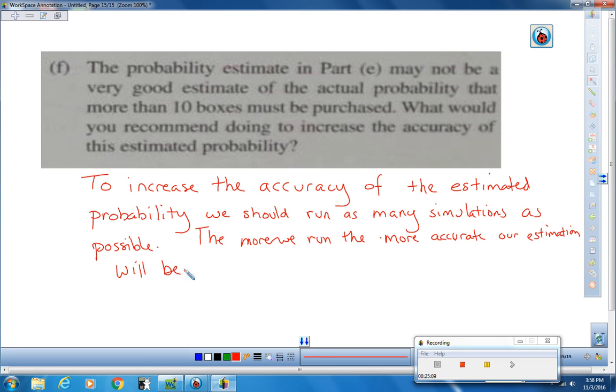Now the good thing is we wouldn't have to use a random digit table. We could probably use some form of statistical software to do this a lot quicker and do thousands of trials very fast. But that's the easiest way to simulate this probability, is to just keep running more and more trials, and you'll get very, very accurate results if you run enough trials. Hope this helped.